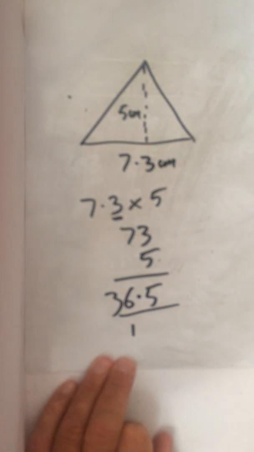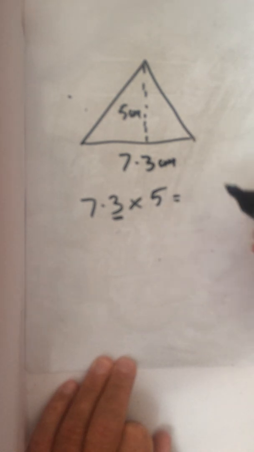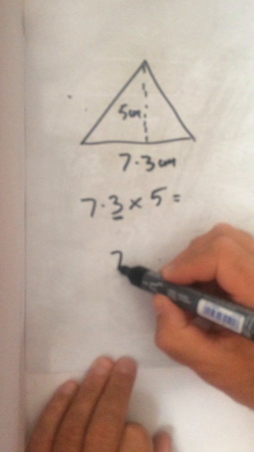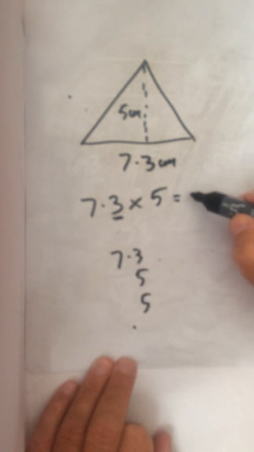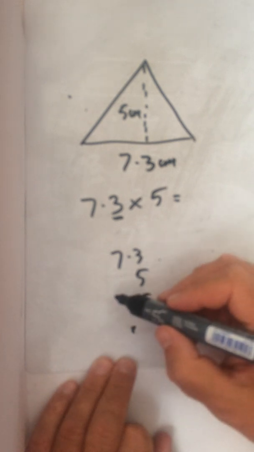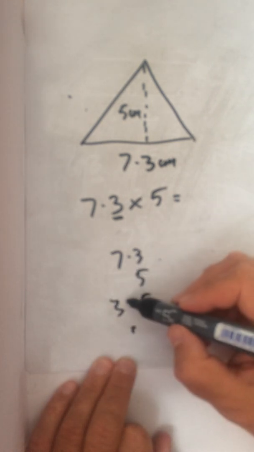So by multiplying those together, that gives me, well, I just rubbed it out, didn't I? 7.3 times 5, let me just do that quickly. 7 5s is 35, and 1 is 36.